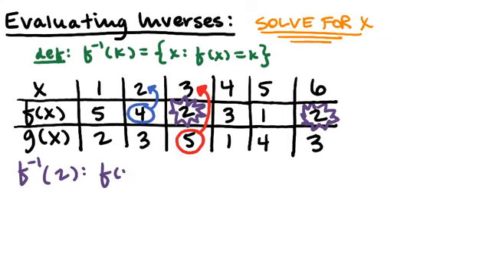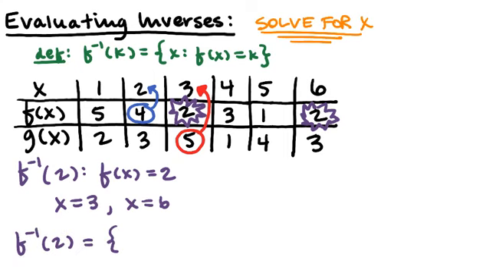So I'm going to set f of x equal to 2, and I will say x equals 3 and x equals 6. So f inverse of 2 would be the set holding 3 and 6. But you don't really have to worry about that for this course. That's not something that's going to come up very often, if at all.